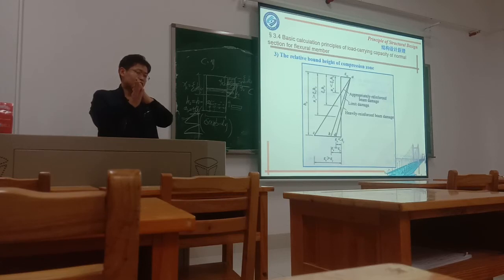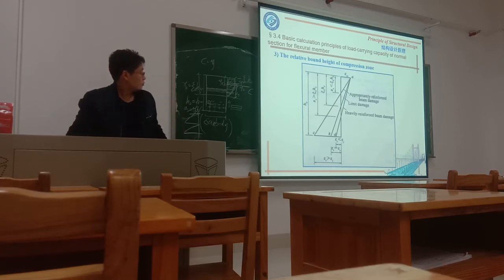Once the reinforcement is smaller than this, or becomes like this AC line, the strain of the steel actually develops larger, larger than epsilon y.